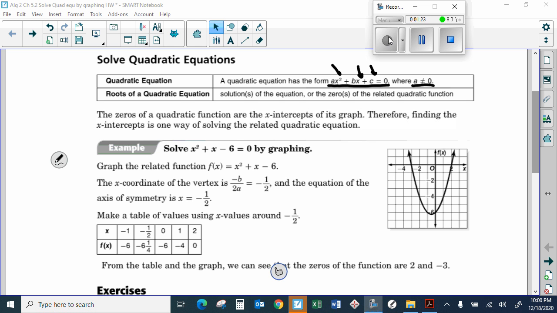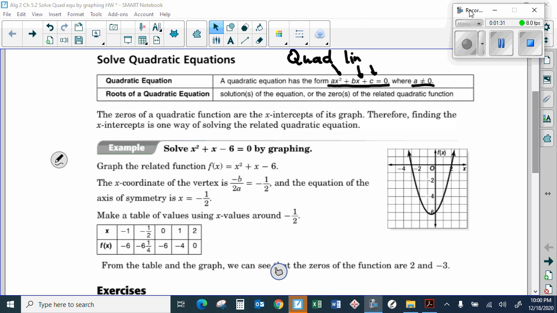So this is called the quadratic term, because it's the degree 2 term. This is the linear term. And this one is called the constant term. Okay, so the quadratic term is going to determine the shape of the quadratic.